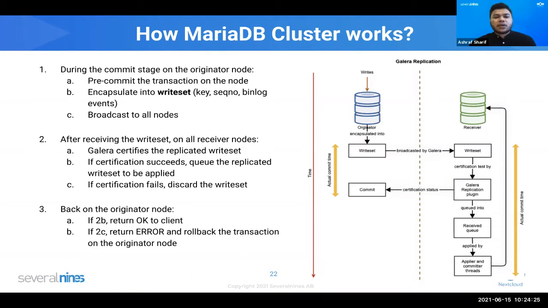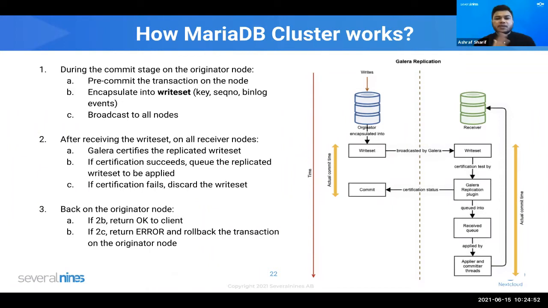Right after that, the write set will be certified by the Galera certification plugin on every database node, to confirm whether the write set can be applied or not. In case of conflicts on one of the receiver nodes, the write set will just be discarded, and the original transaction on the originator node will be rolled back. This is why Galera only supports transactional storage engines like InnoDB.